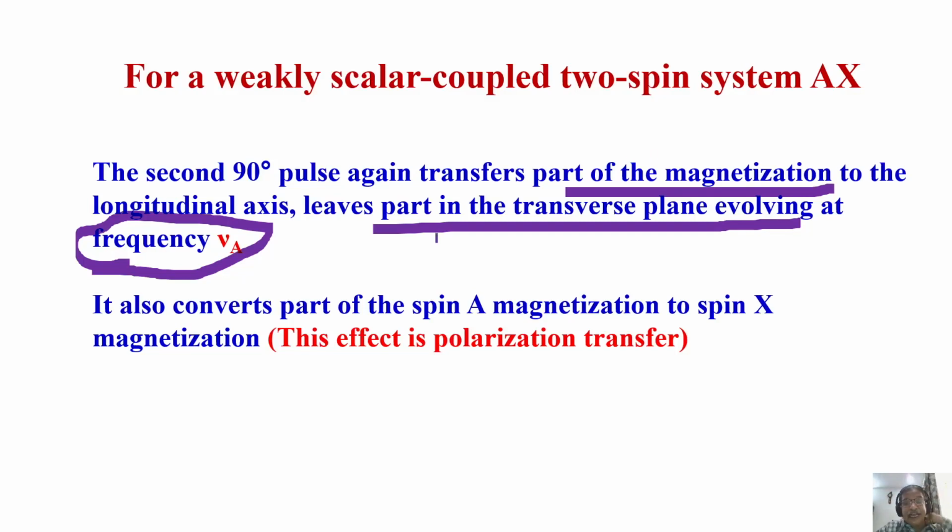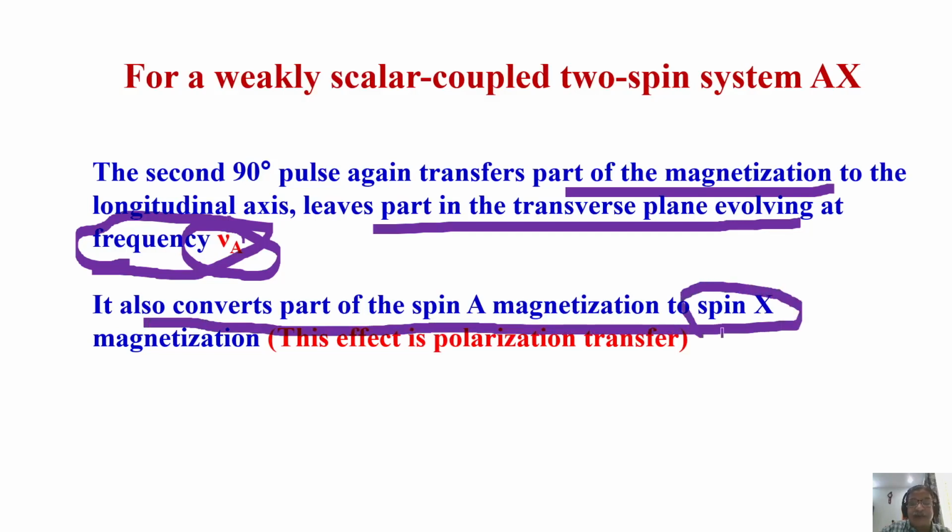The second 90-degree pulse transfers part of this back to the Z axis, and leaves part of the magnetization in the same transverse plane. Their precession frequency is still nu A. That is not changed. But it also converts part of spin A magnetization to spin X magnetization. That is the effect of polarization transfer.